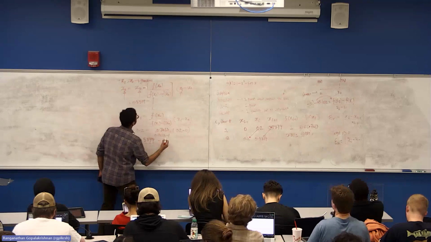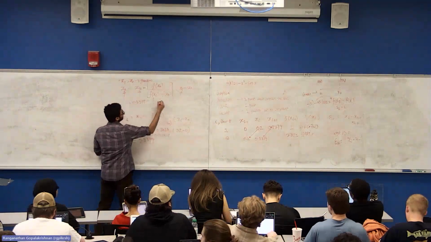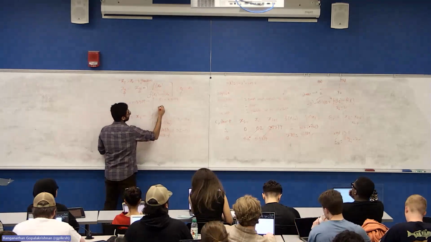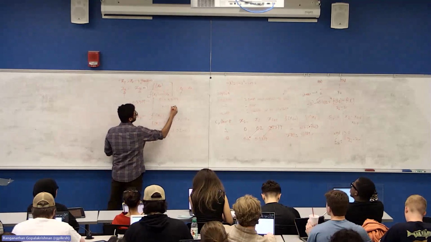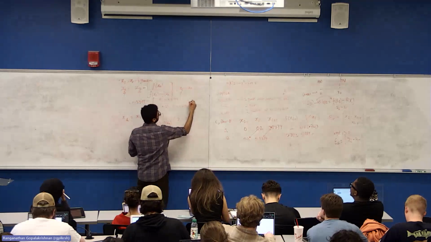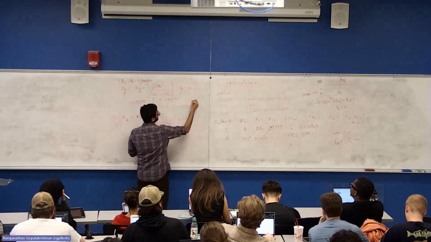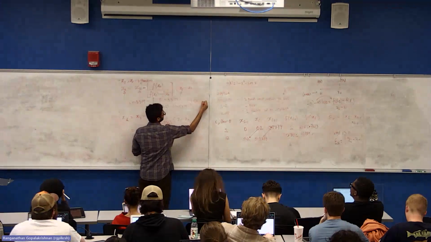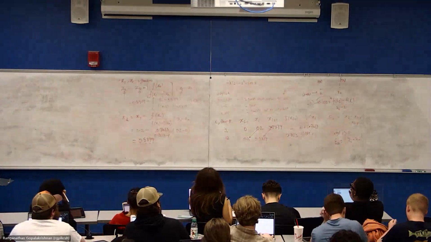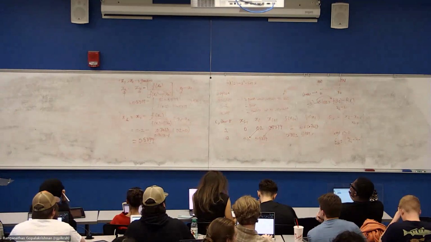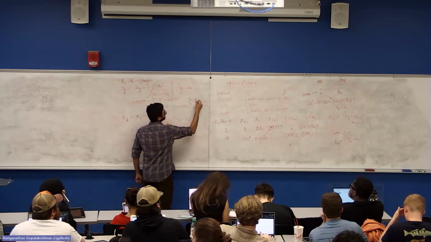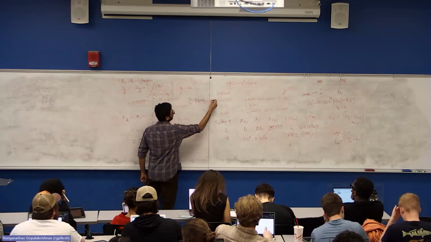I need minus f of 0.8379 divided by f of 0.2 minus f of 0.8379 times 0.8379 minus 0.2.